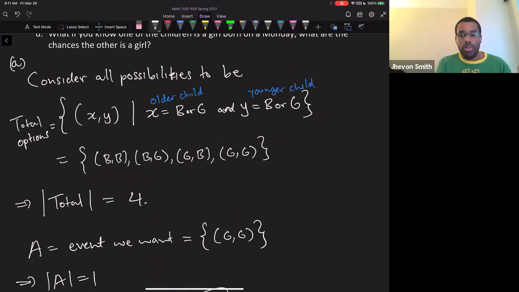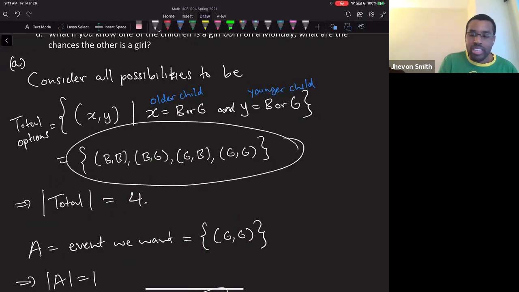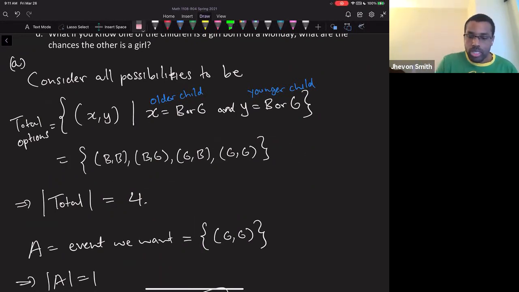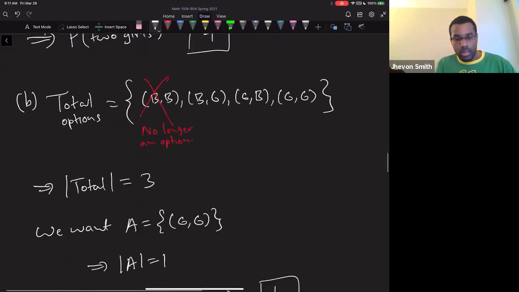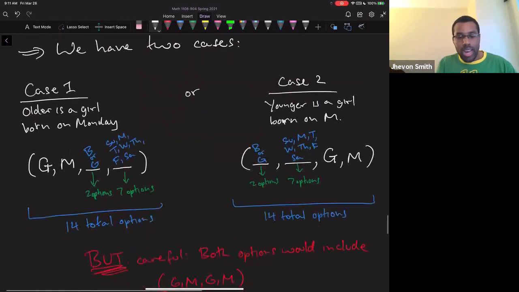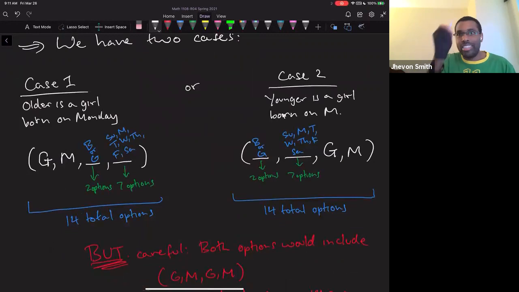And you don't want to have to write everything out to know how many things would be in a certain set. You will notice here that I did not write down all possibilities. I didn't take my time to write down all coordinates, GM, GS, GM, GT, GM. I didn't waste time doing that.